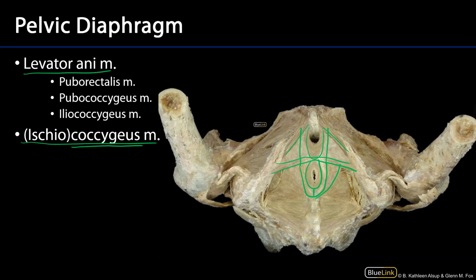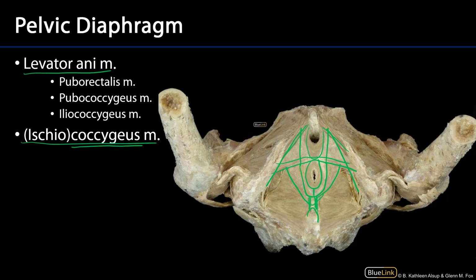There are also the pubococcygeus muscles. The pubococcygeus muscles are running from the posterior portions of the pubic bones as well as the ischiopubic rami. There's somewhat of a condensation of connective tissue called the tendinous arc of levator ani that those muscles are going to originate from, and they're coming back to insert on the coccyx and some of the connective tissues of the Iliococcygeal raphe, which is going to run between the anal canal and the coccyx.